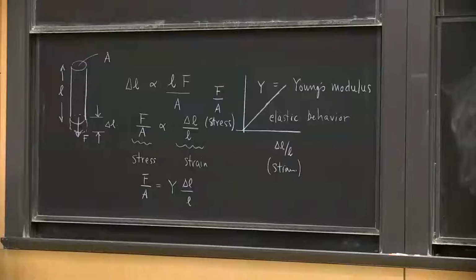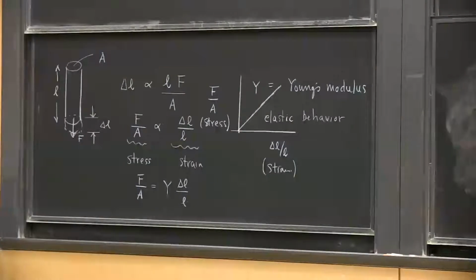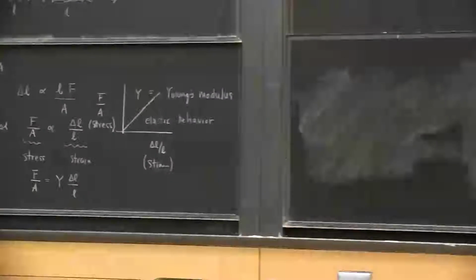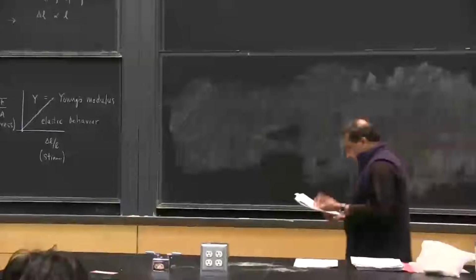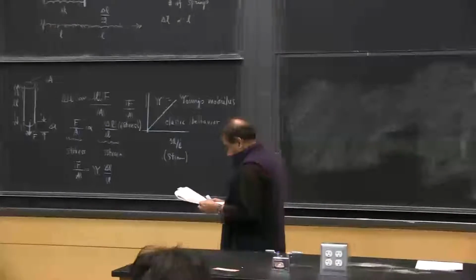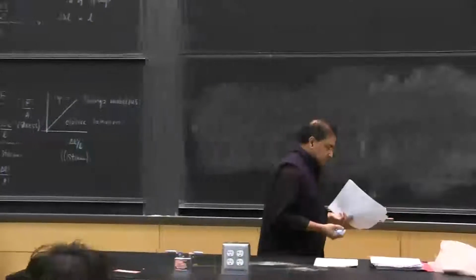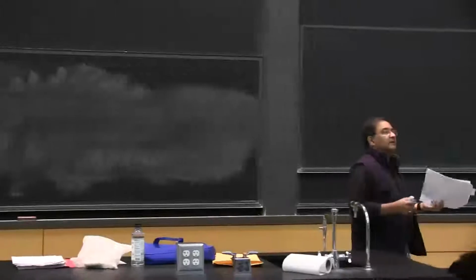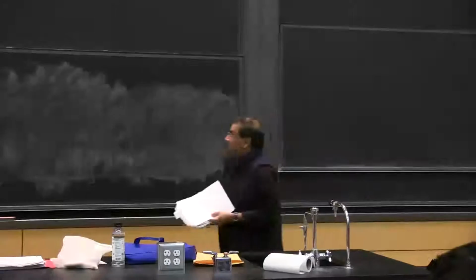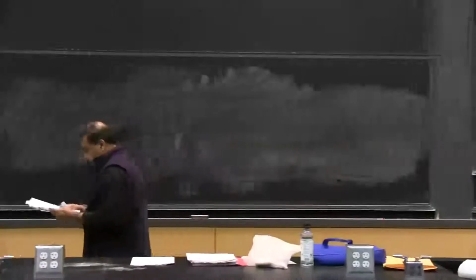So for example, if you imagine a material like stainless steel, then it will have a certain value of Young's modulus. Correspondingly, if you take a material like nylon, which stretches more easily, it will have a very different value of Young's modulus. So I'll just show you very briefly.